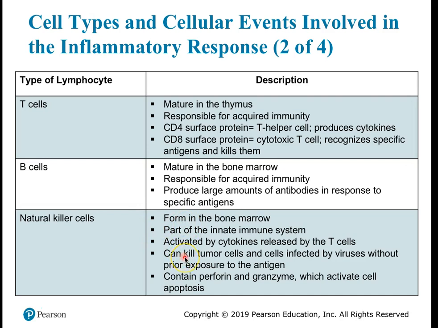They can kill tumor cells, and so forth and so on. So right now, what I've talked about with the T cells and the B cells is the only thing that you're responsible for. However, know that it's a much more complicated picture, and a lot of the complexity we will visit in future chapters.